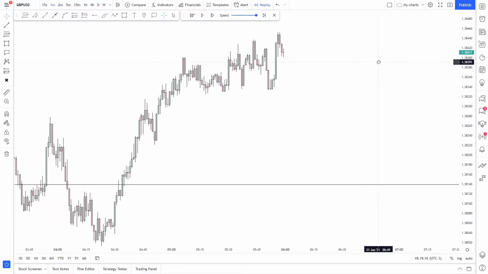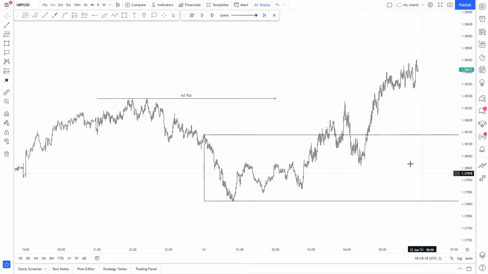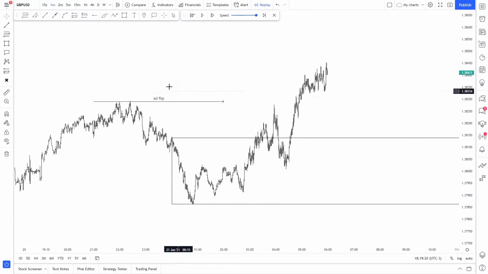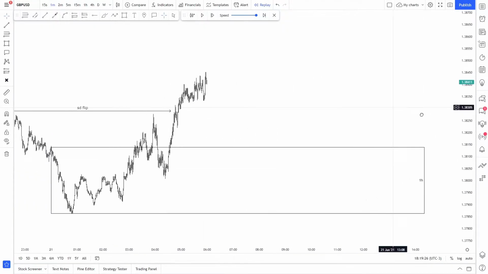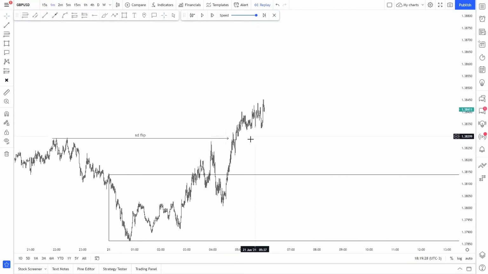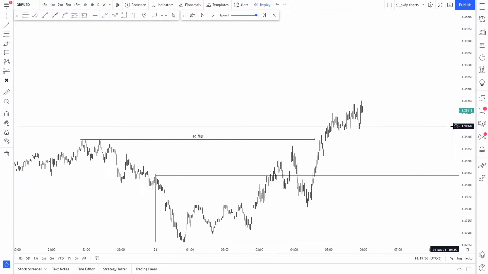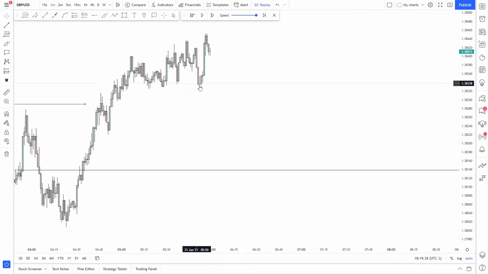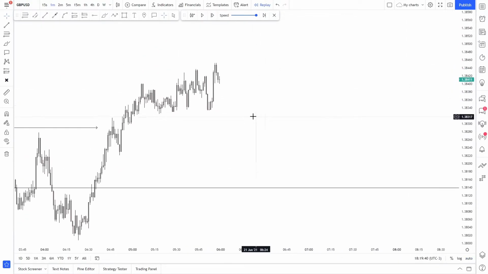So yeah, first structure that I see, or first thing that we encounter is, well, the fact that we flipped on the 1 hour. Not only that, but we created a 1 hour bullish order block that we have below us. We pushed higher. If you have seen the setups that I trade, this is somewhat of a complex pullback, although at the same time it could be the pattern enemy 2.